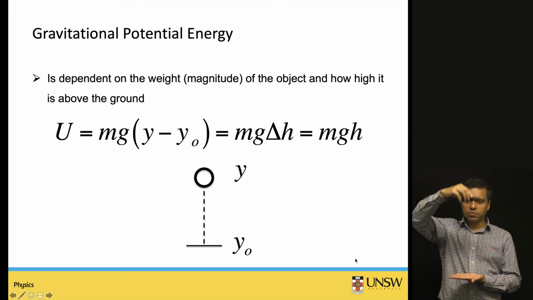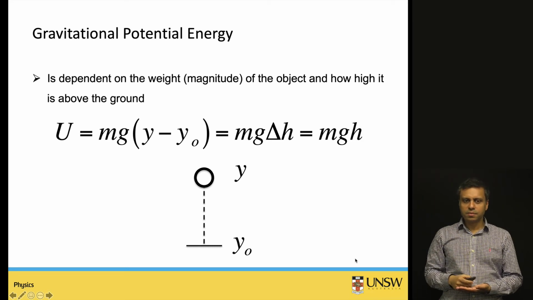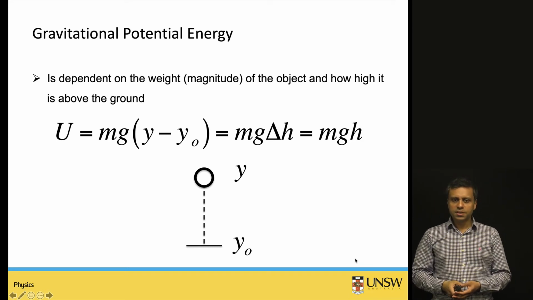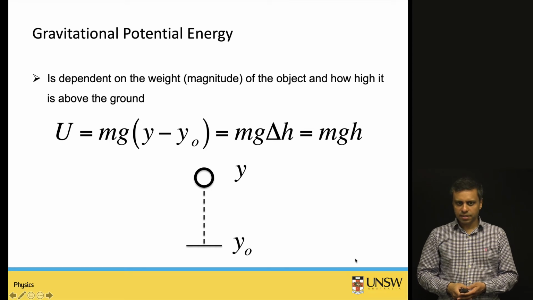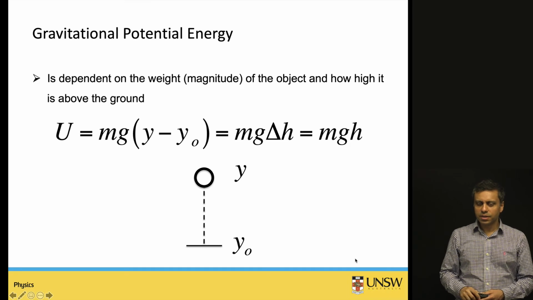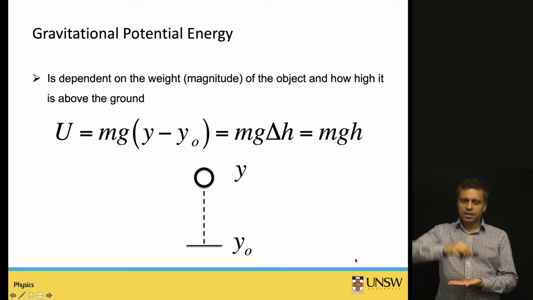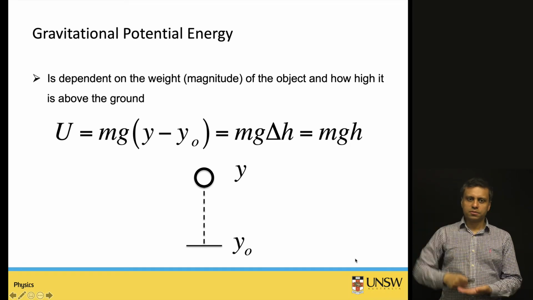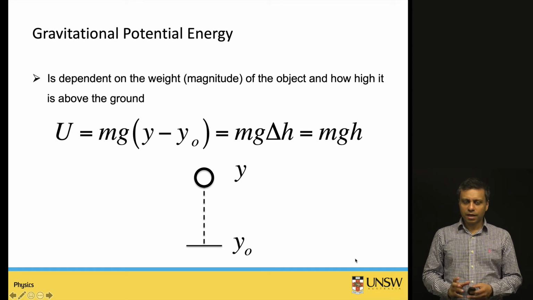I call them y naught and y, and it is the difference in this height, represented as delta h or simply h. So U equals m times g times h. m is the mass of the object, g is the acceleration due to gravity, and h is the vertical displacement I have lifted the object through. So this is the expression for the gravitational potential energy, the potential energy that is stored in an object when it is displaced to a height h.